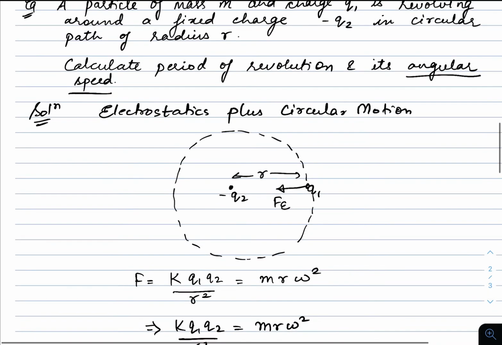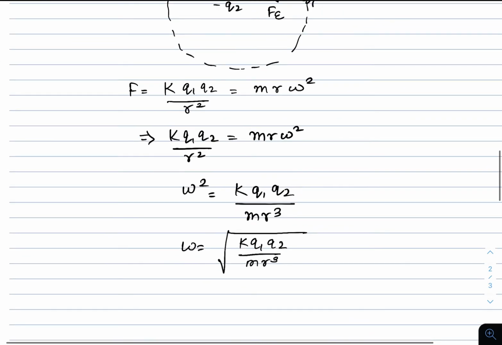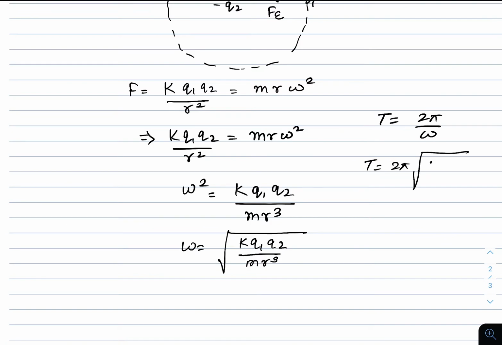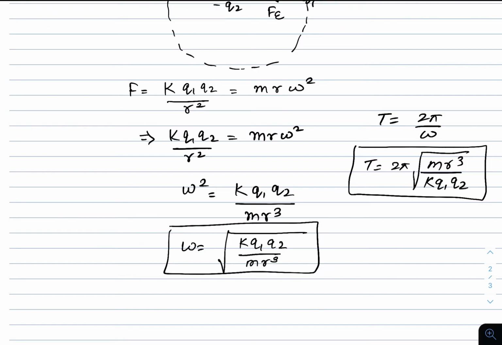Now we have to find the period of revolution, that is the time period. So time period can be written as 2 pi divided by omega. The relation between time period and omega is 2 pi by omega. So we substitute the value of omega in this expression, we will get under root of m r cube divided by k q1 q2. This is the time period, and this is your angular speed, right?